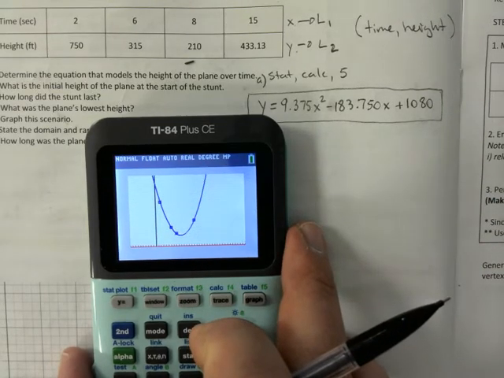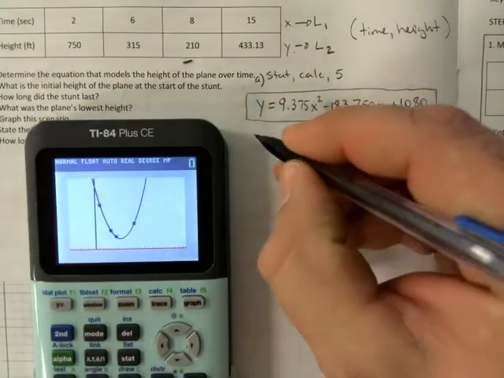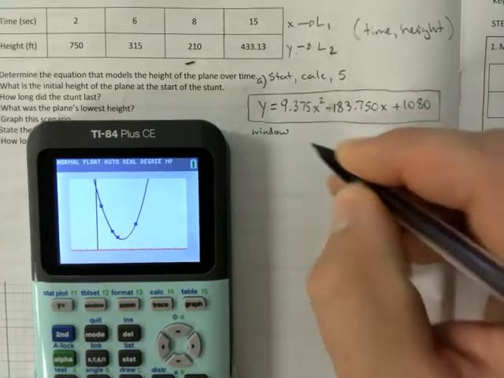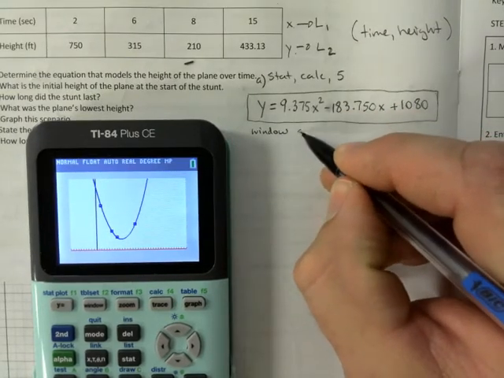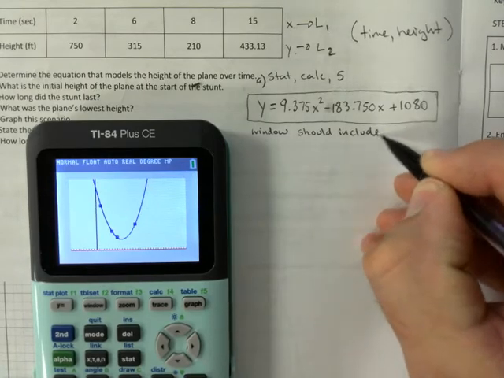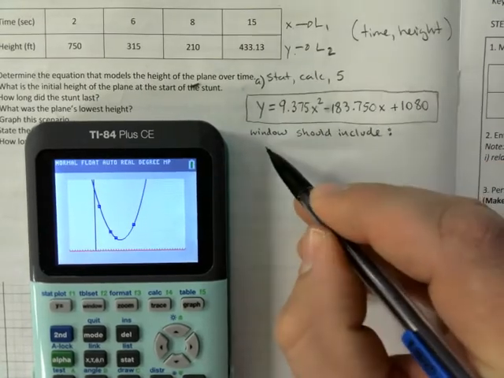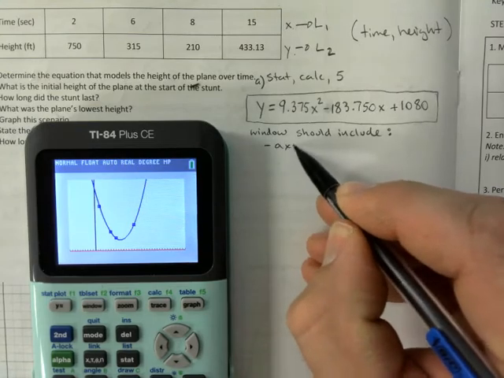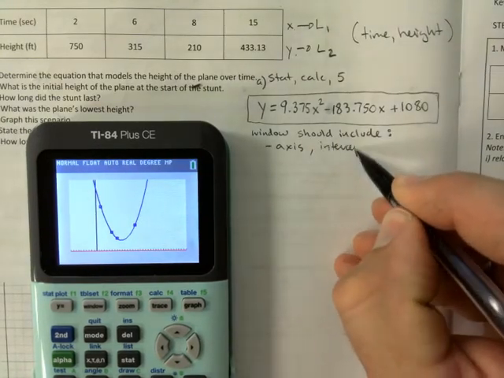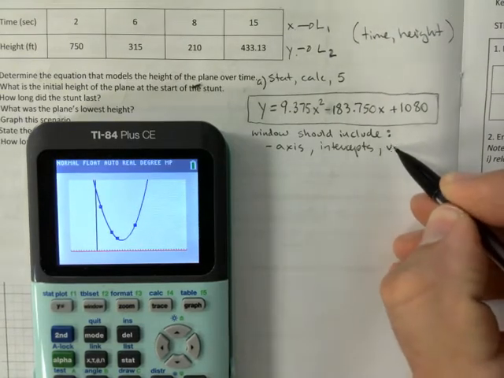Do you want to write that down? I will write it down just for you. So window should include axes, right? Intercepts and vertex.